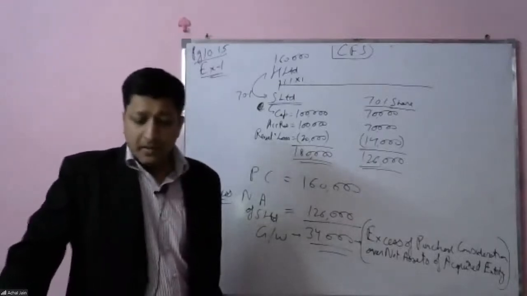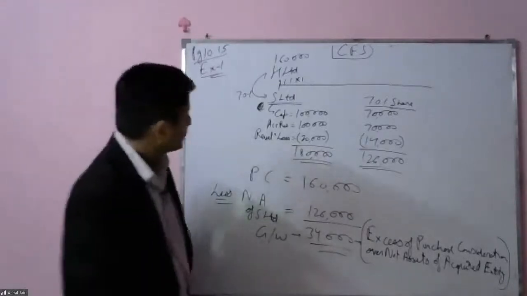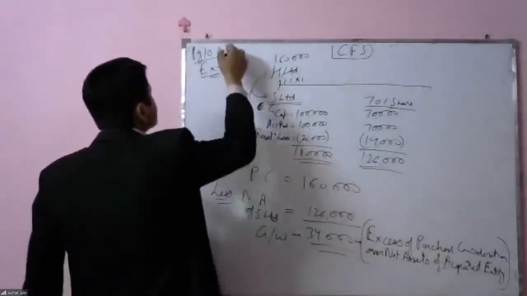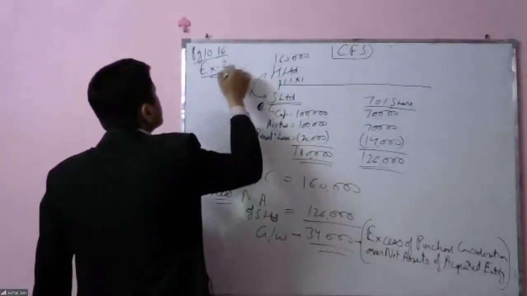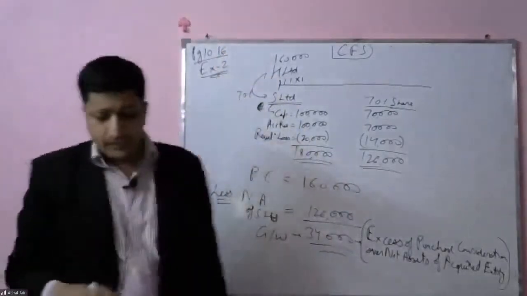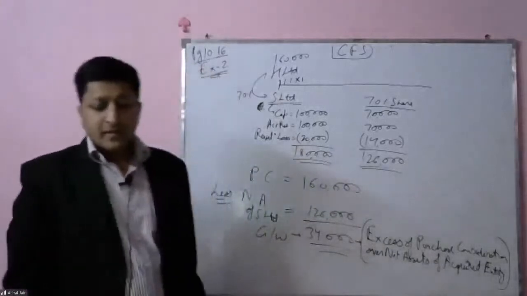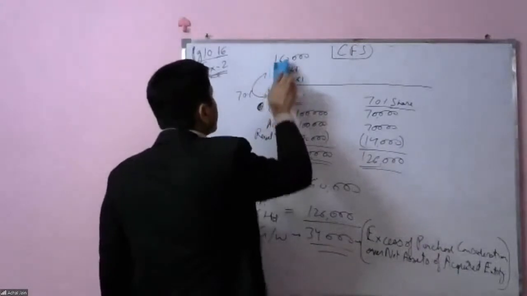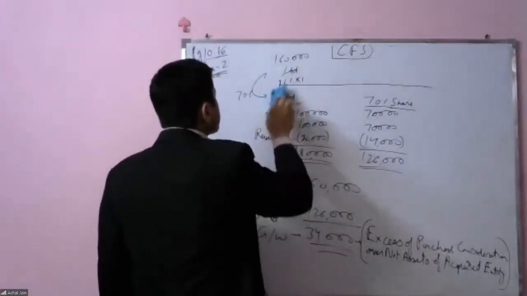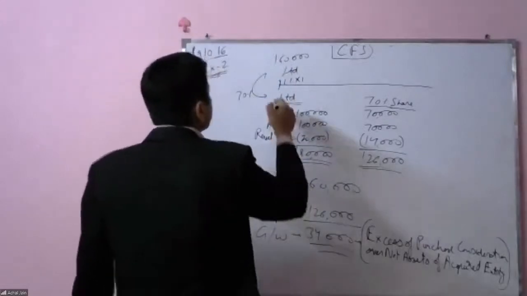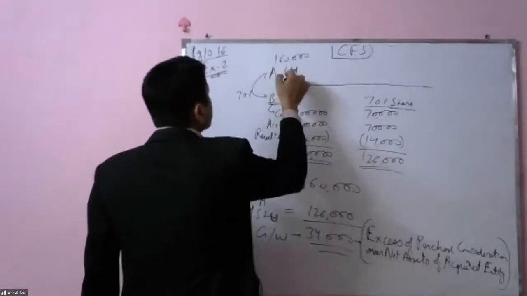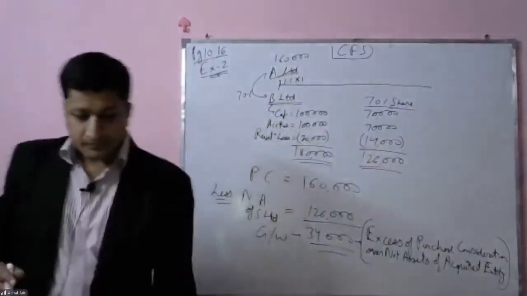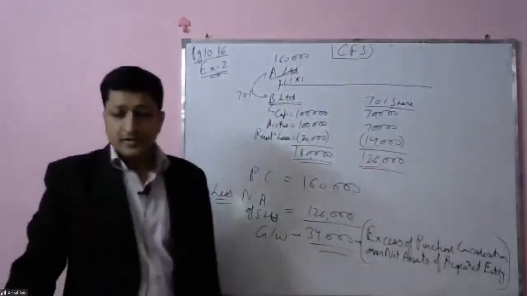Moving on to example number 2. A Limited acquired 70% interest in B Limited. Now instead of H, it's A. And this is B. On 1st January 20XY.